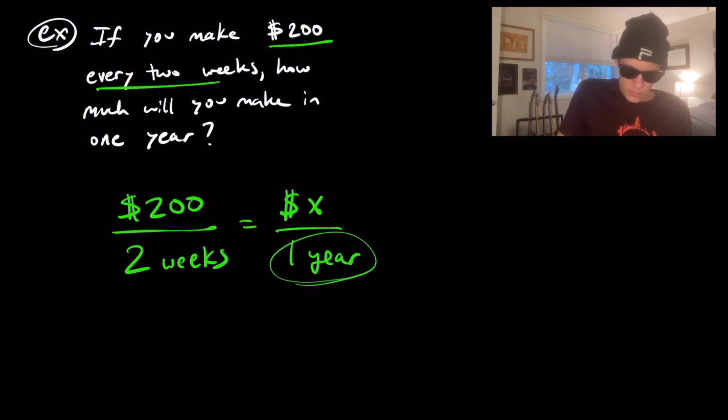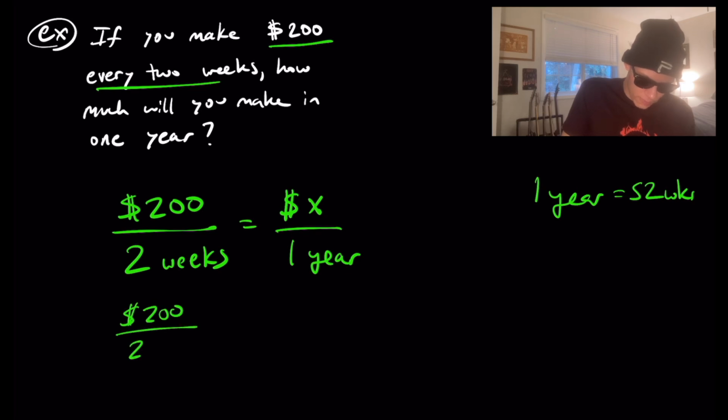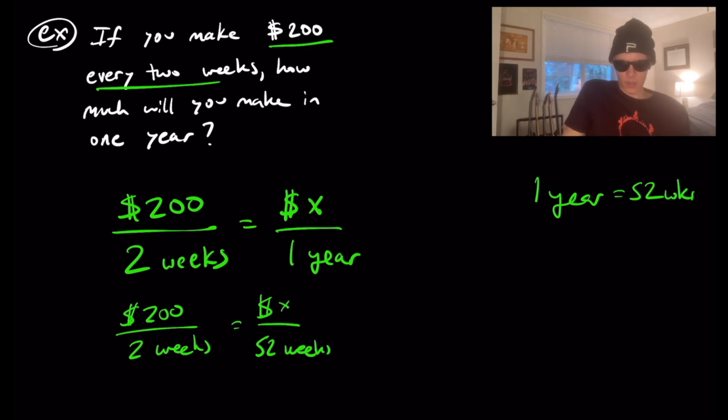So 1 year has 52 weeks. So I'll rewrite this as $200 every 2 weeks is equal to some number of dollars per 52 weeks. All right, so now we got dollars per weeks and dollars per weeks.